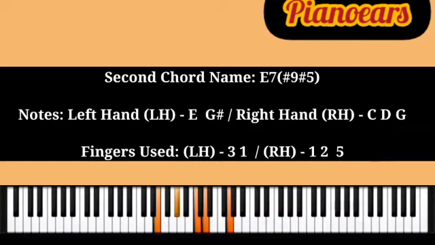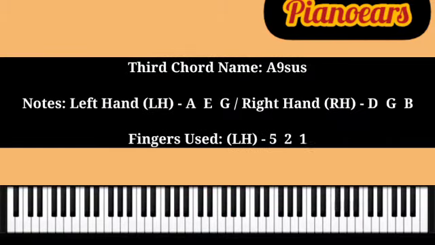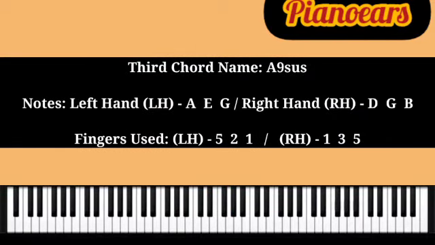So the last chord progression will be played on A, and it sounds like this. So the notes, as you can see, the chord consists of 6 notes, and the notes are shared between both hands. The right hand plays 3 notes, and the left hand plays 3 notes.